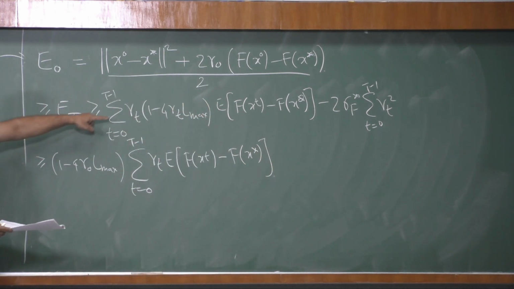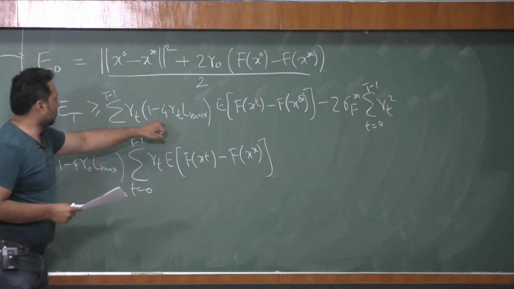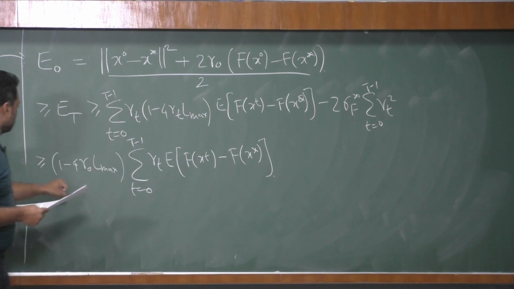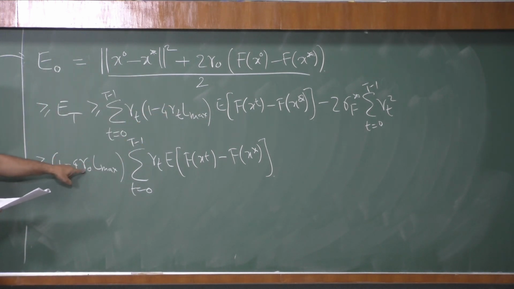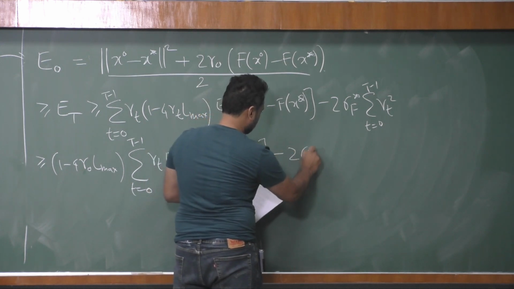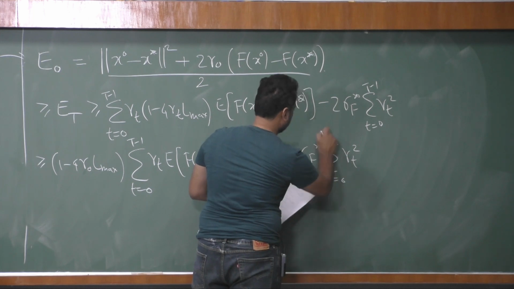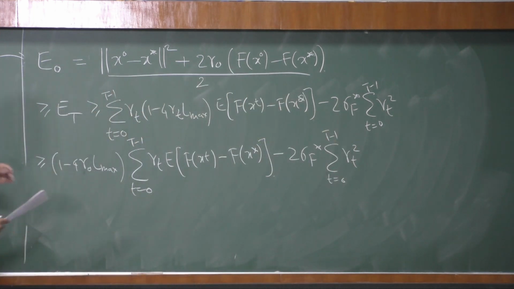If you look into this term, gamma_T is greater than or equal to this, because gamma_t is non-increasing. So we keep this inside, and the remaining term is minus 2 sigma_f star times the sum of gamma_t squared, t equals 0 to T minus 1. Okay, so we keep this.